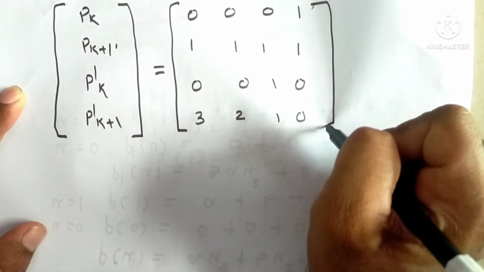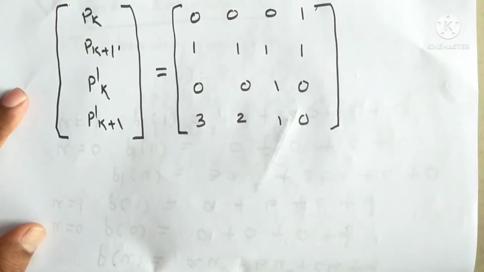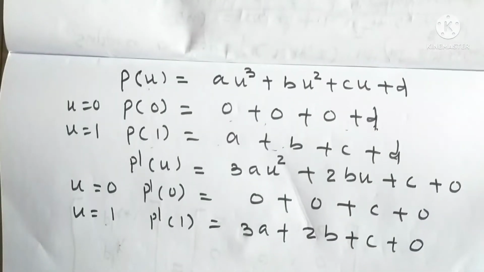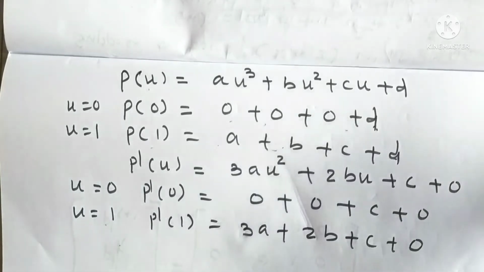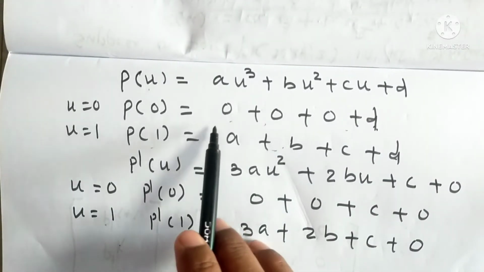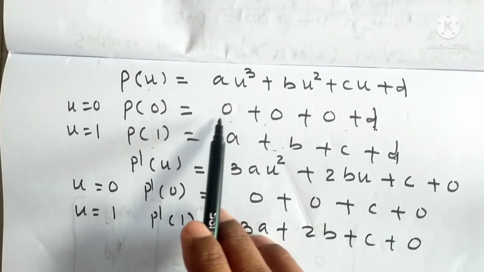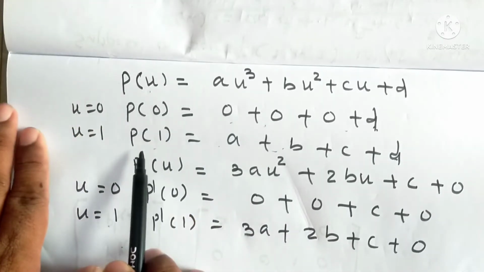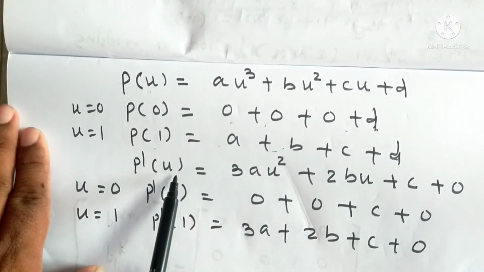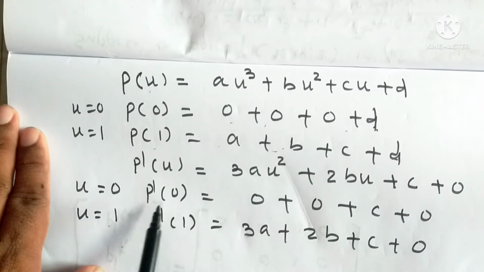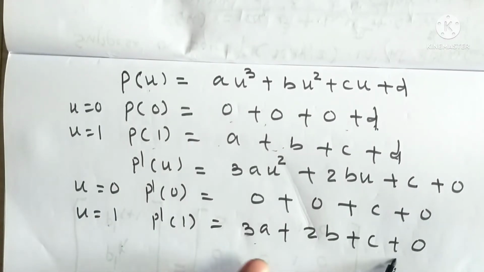So the matrix I got from the coefficients of your P0, P1, P dash at your 0 and at your 1. So the last row of your matrix, that is 3, 2, 1, 0.